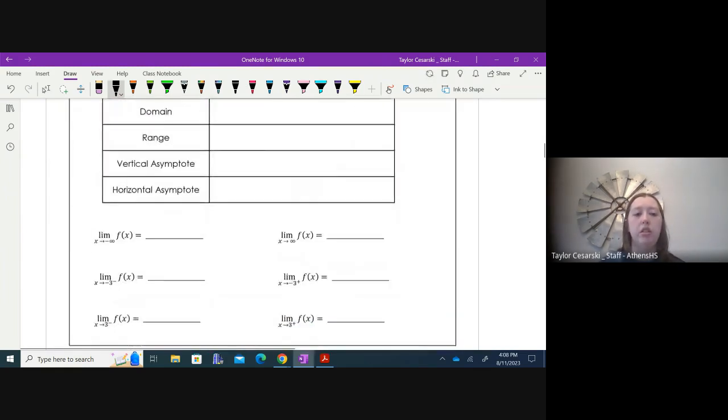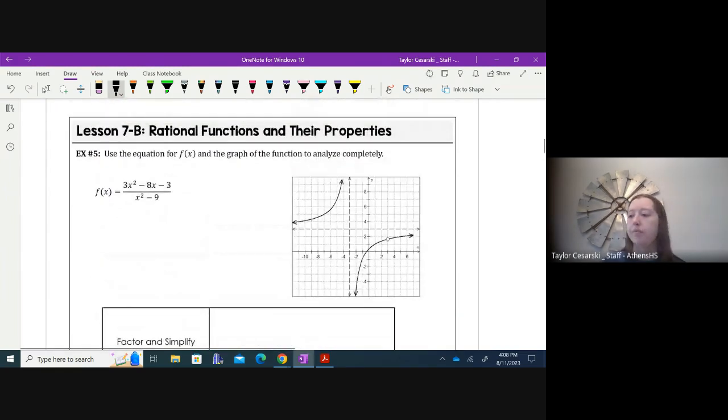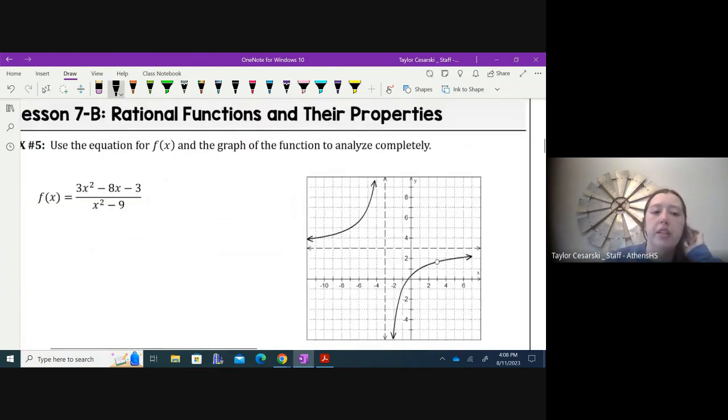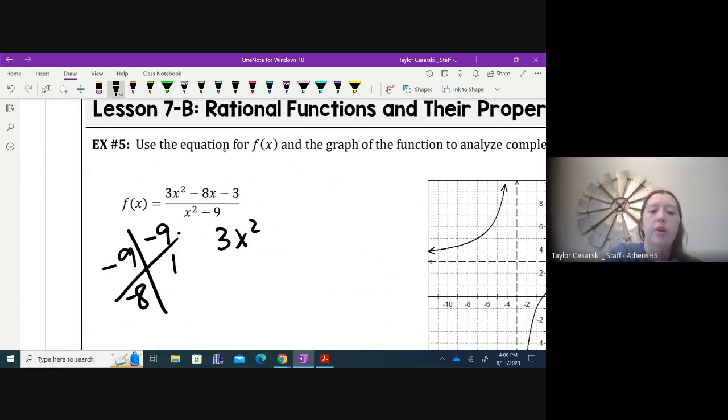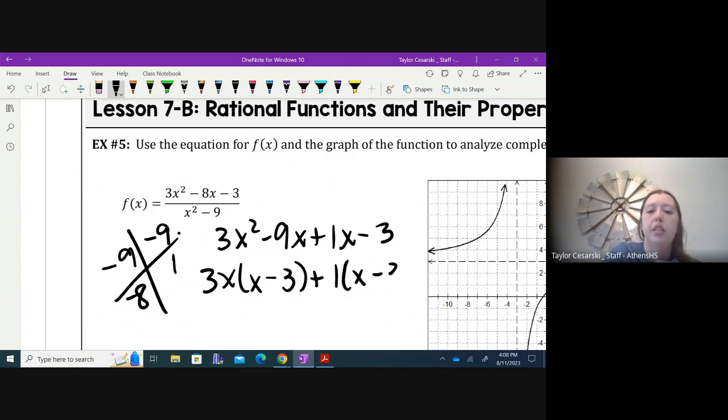Okay, let's look at this one right here. Remember, the very first thing you want to do is factor the numerator and the denominator. So if I factor the numerator, -9 on the top, -8 in the middle, -9 and 1: 3x squared minus 9x plus 1x minus 3, 3x times x minus 3 plus 1 times x minus 3. So my factors are 3x plus 1 times x minus 3.